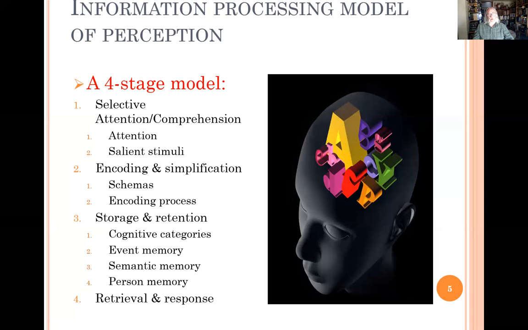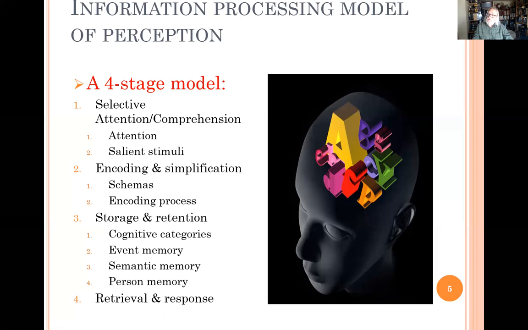Now, when we talk about retrieval and response, this is a little bit different. We're not talking about managing the information, paying attention to it, categorizing it, and storing it. We're talking about pulling it back up so we can use it in some way. So when we need to make judgments or respond to something, generally the first thing most humans do is quickly in our minds, we're rifling through our schemas to find the ones that would be most appropriate to give us information to help us understand the situation.